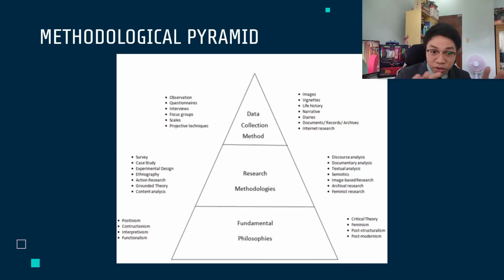So through this methodological pyramid, we researchers would be guided on how we could create our methodology and to the extent our methodological framework.